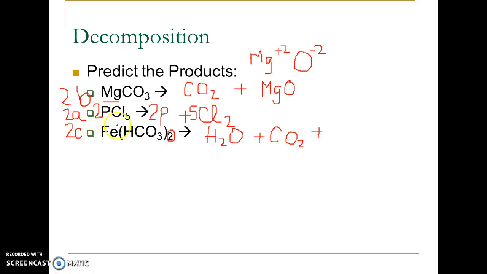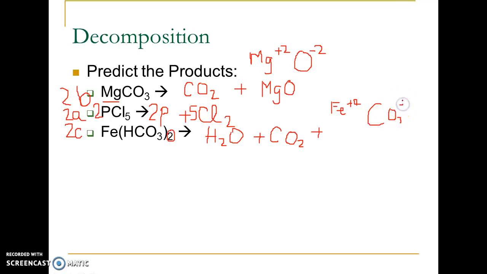Well, the only metal I have is iron. Okay, I have iron, and I've already decided that its charge is a +2. And then I'm going to find carbonate. Carbonate is CO3, and it has a -2 charge.